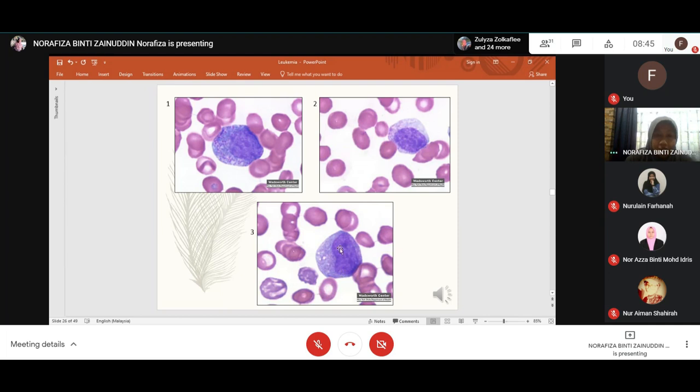So this is metamyelocyte. This one has a diameter of 10 to 18 micrometers, roughly the same size as the promyelocyte earlier. But it has a shape like a kidney. It has indentation. There is indentation in the nucleus.